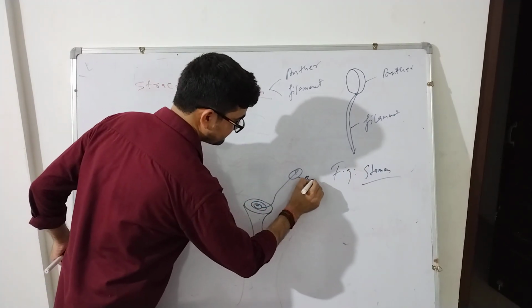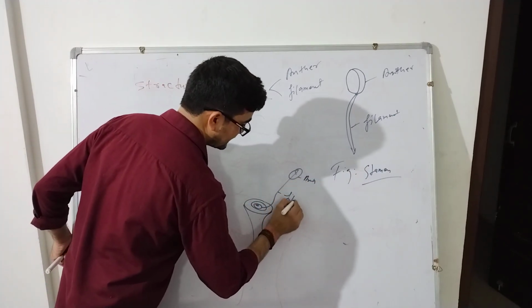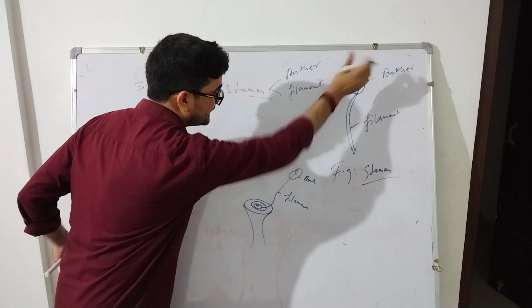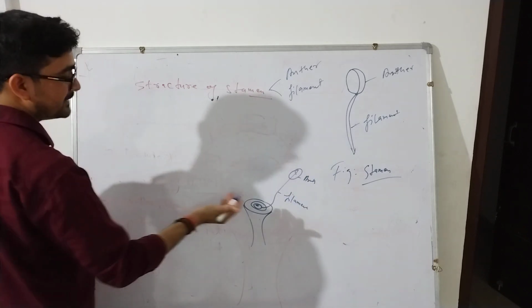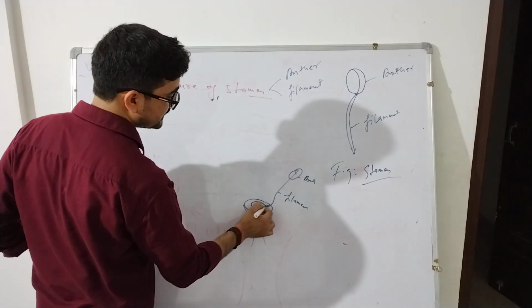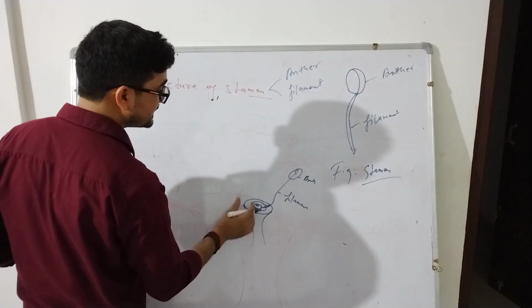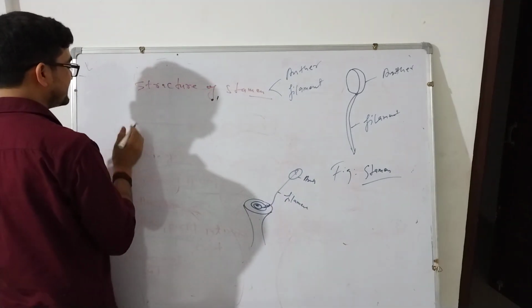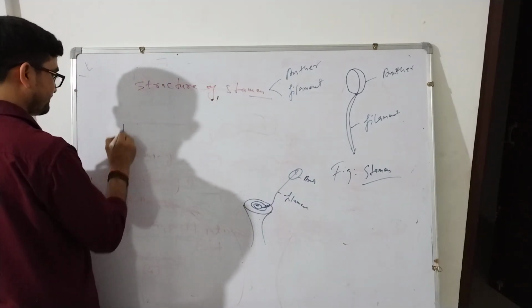That is the anther and that is the filament. The diagram was already done, so why do we need to represent it a second time? Because it's very important. In 2017 the question was asked from the filament.